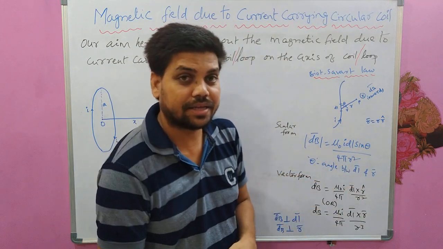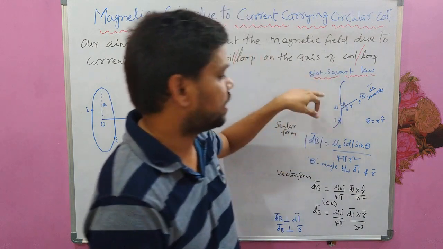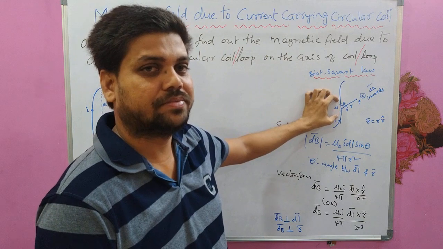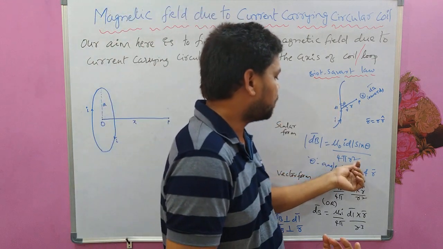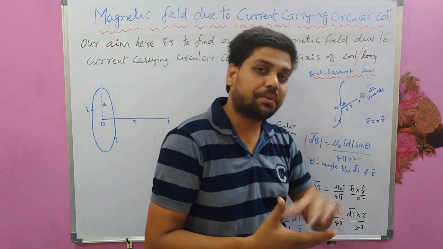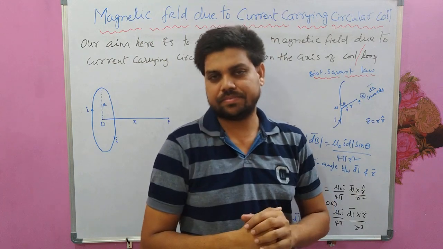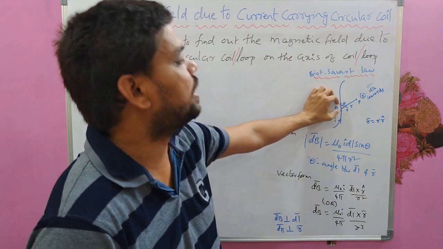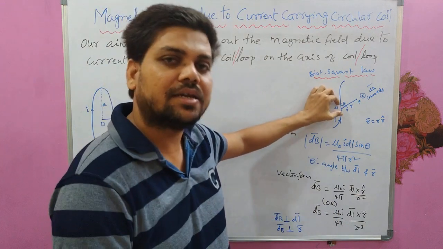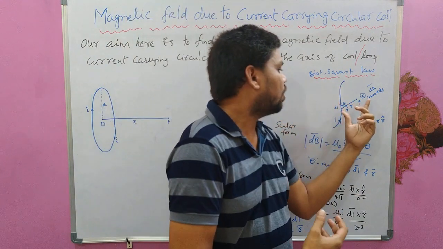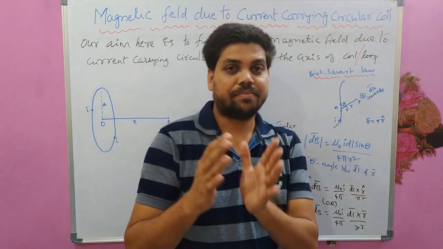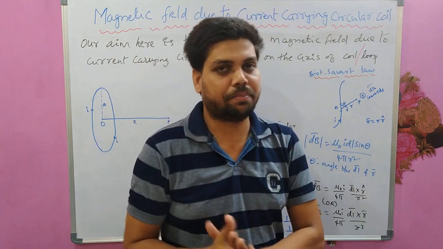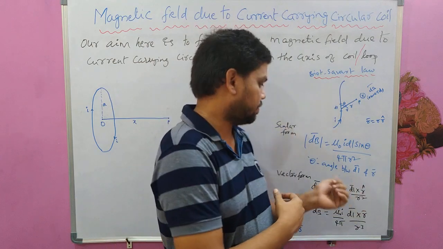I is the current passing through this wire. dl is the length element that we have considered, and r, small r, is the distance of that point P from that length element, and theta is the angle between that length element and the vector along the line joining dl and P, the length element and the point P where we are finding the magnetic field.